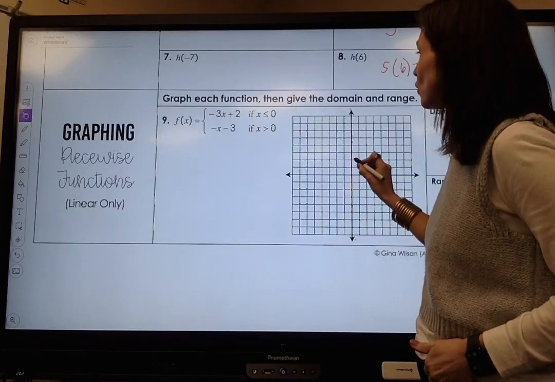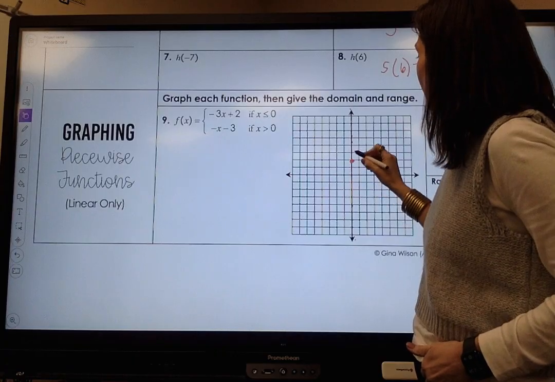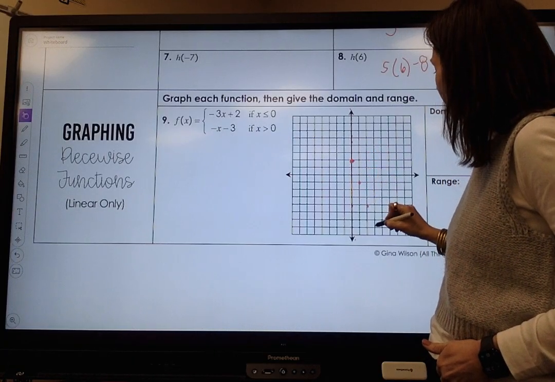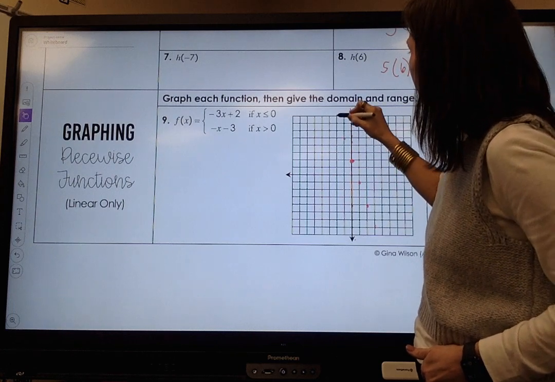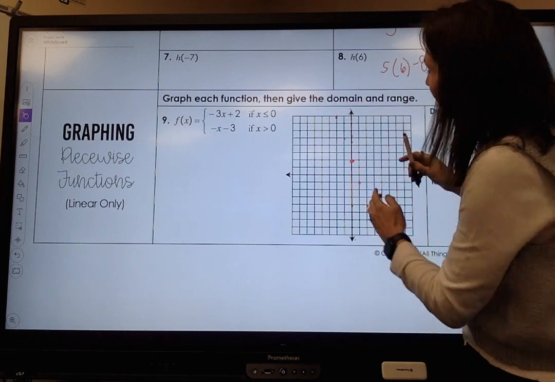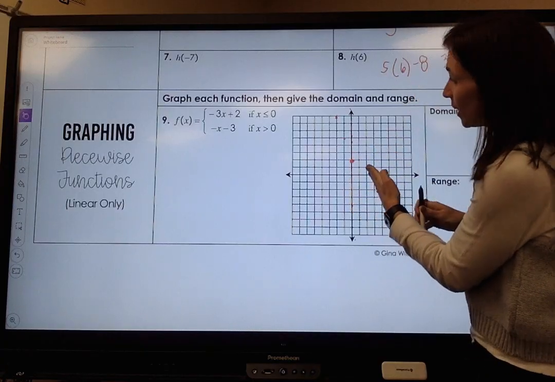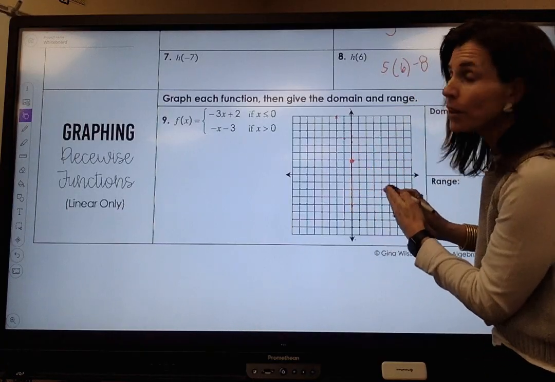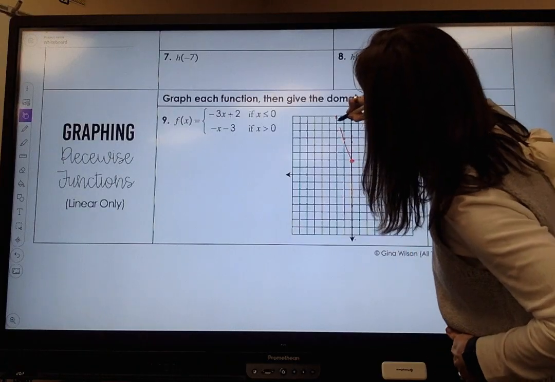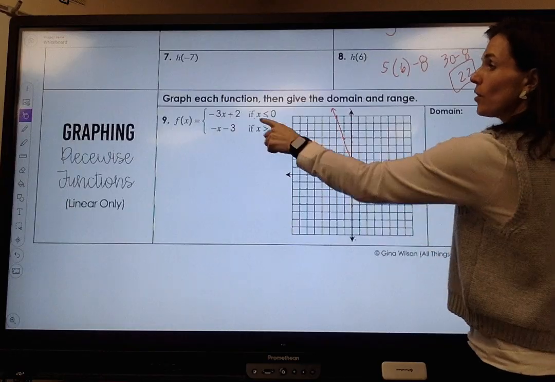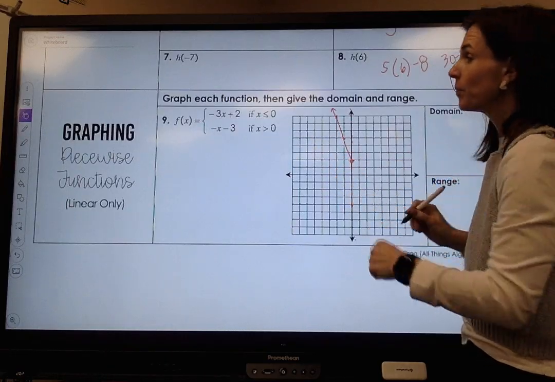So my beginning point's 2, and it's a closed circle, and I go down 3 over 1, down 3 over 1, down 3 over 1, and I go up 3 over 1, up 3 over 1. I don't care about this side of the function, so I'm not going to include it. The only part I'm including in my linear function is everything that's less than 0. So the line looks like this.